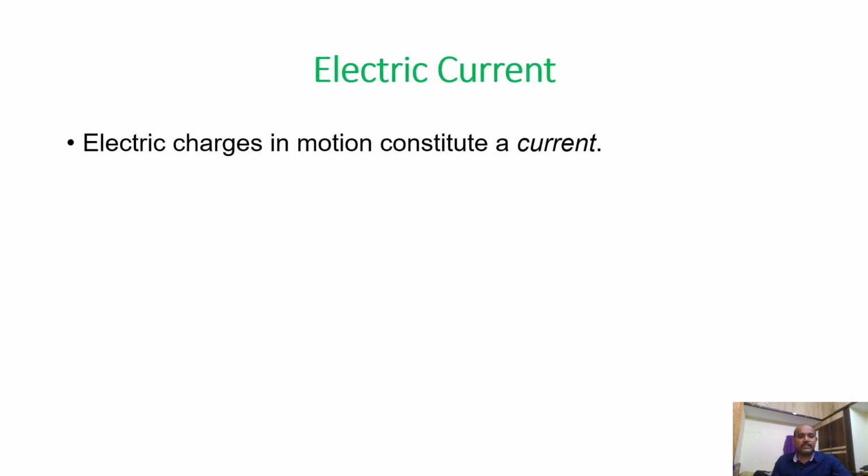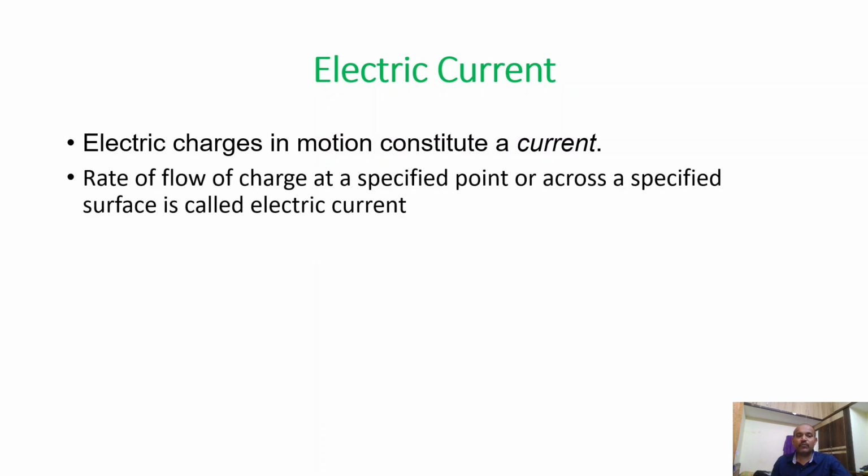It is the electric charges in motion which constitutes a current. In other words, I'll define it as the rate of flow of charge at a specified point or across a specified surface. We call it electric current.